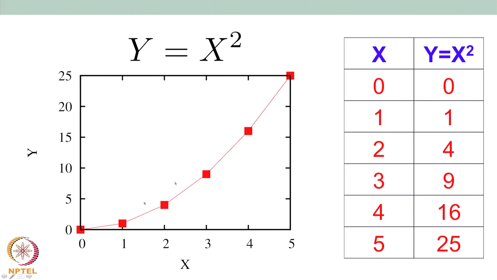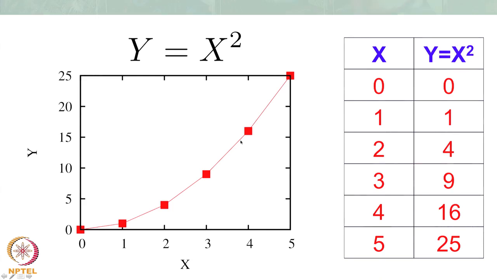So, on the x axis we have 0, 1, 2, 3, 4, 5, and corresponding to 0, y is 0, 1 square is 1, 2 square is 4, which is just below 5, 3 square is 9, which is close to 10, 4 square is 16, just above 15, and 5 square is 25. And if I plot this, you will get a curve which looks like this. So, this is how y is equal to x square would look.